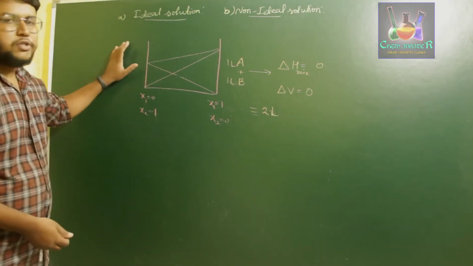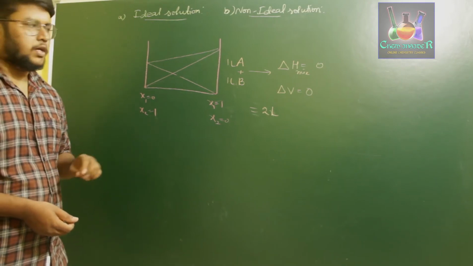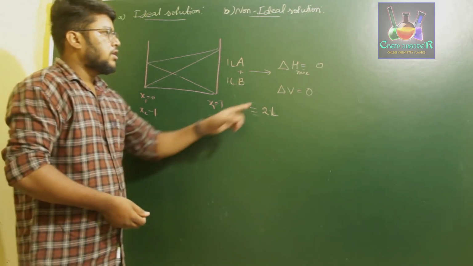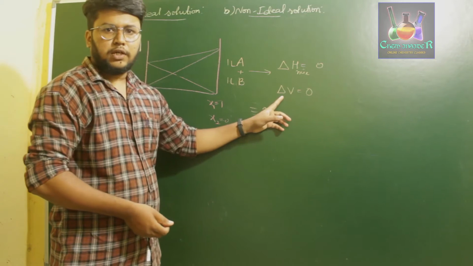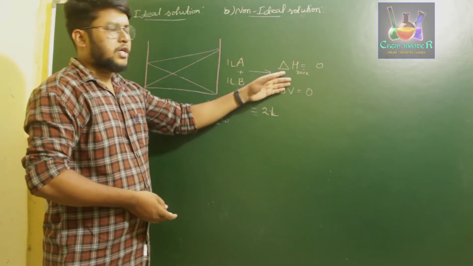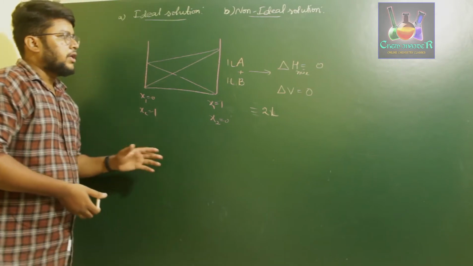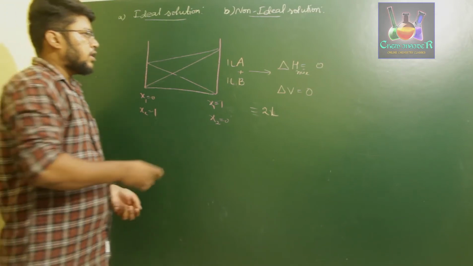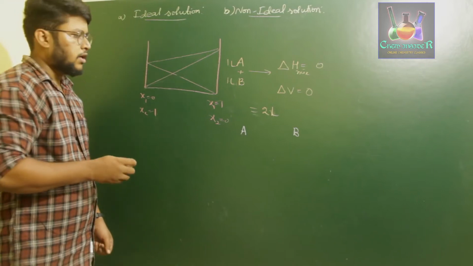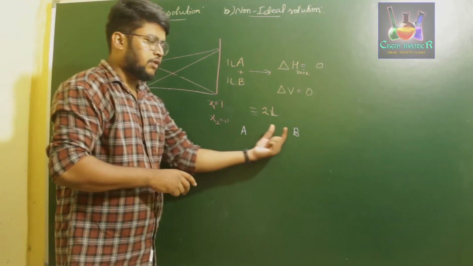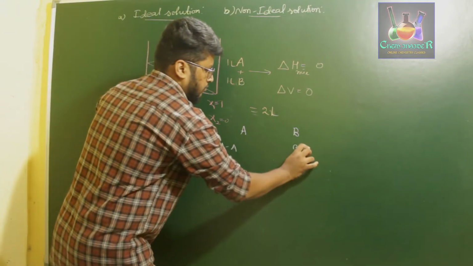So ideal solutions are those solutions which follow Raoult's law in all possible concentrations, and they also have two important properties: the enthalpy change in mixing, delta H mix, is 0, and the volume change in mixing, delta V mix, is 0. Further, if you consider a binary liquid having A and B, there will be molecular interactions between the molecules themselves, such as AA interaction and BB interaction.